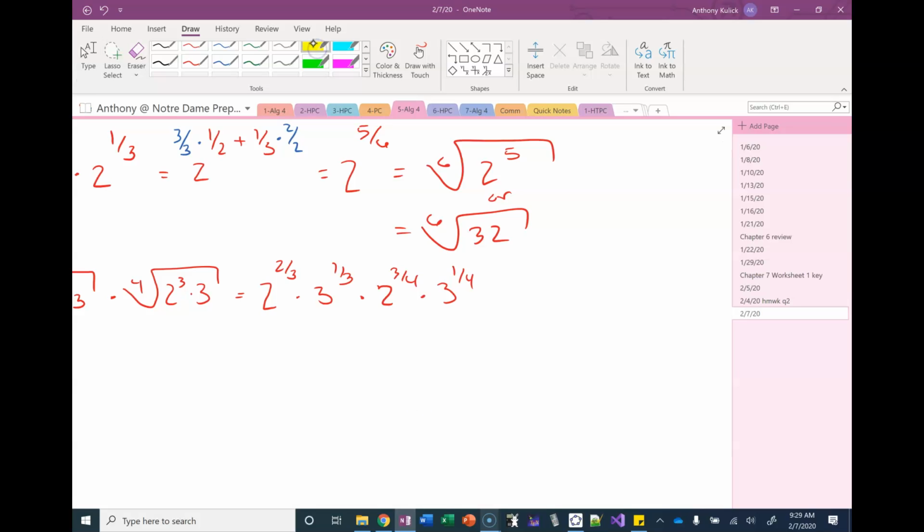Now, I notice that I have some parts where the bases of the exponentials are the same. You guys see that? So I can multiply the 2's together. And I can multiply the 3's together.